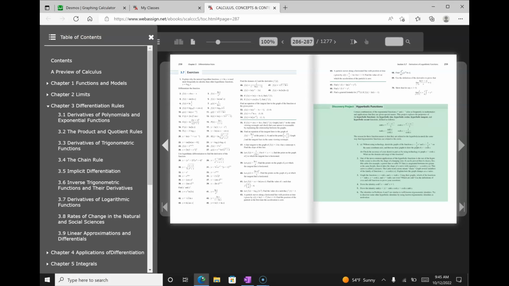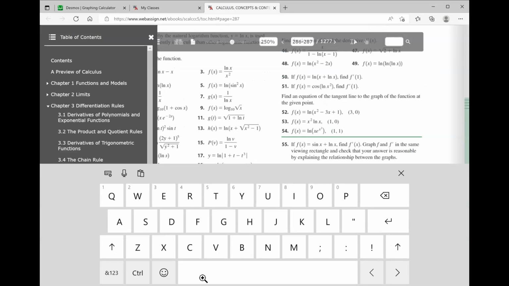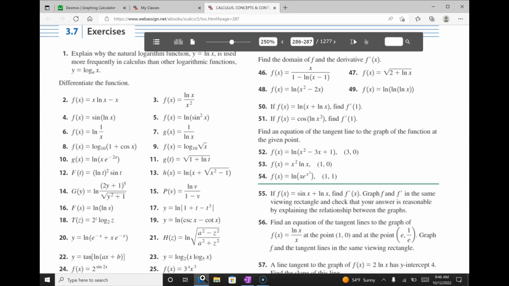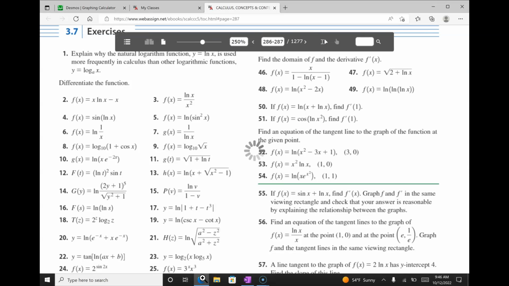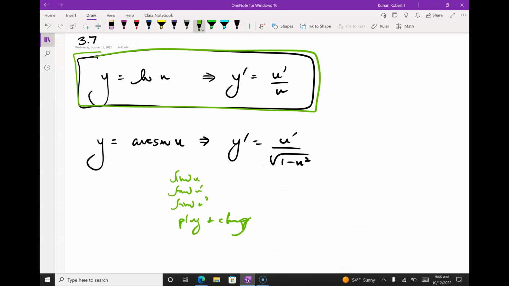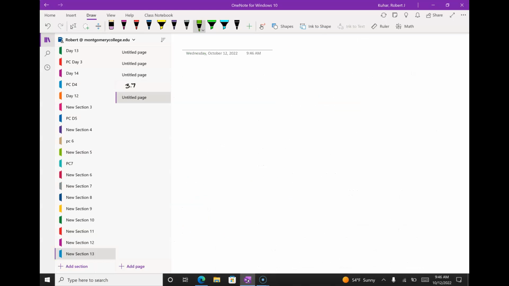So let me do one that's, I guess, not too horrible. Let me do number 5. This is 3.7, number 5.